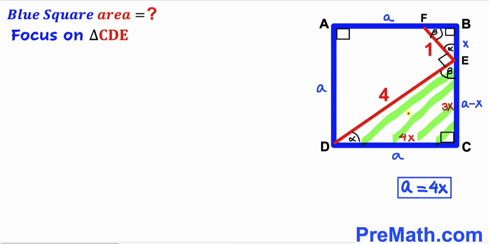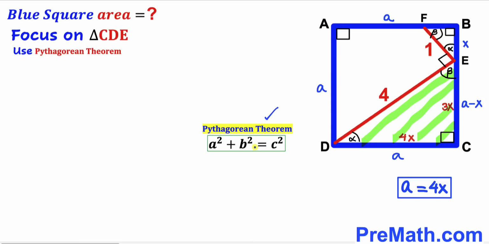Now let's focus on right triangle CDE. We are going to apply the Pythagorean theorem on this triangle. Here's our Pythagorean theorem: a squared plus b squared equals c squared. In our case, our hypotenuse is 4, whereas our two other legs are 4x and 3x.